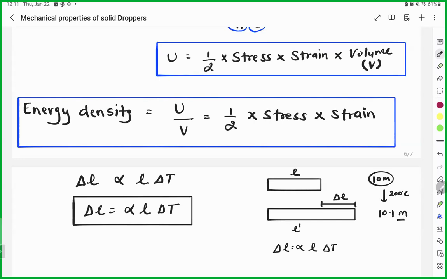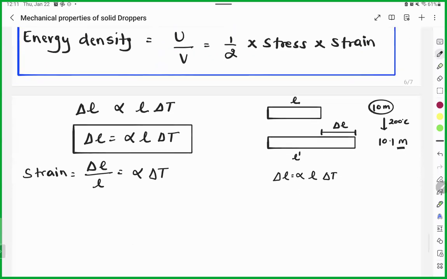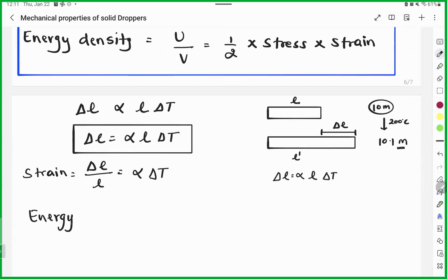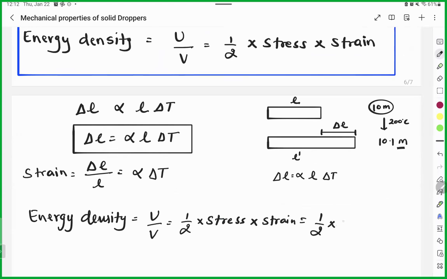Understood, guys? Everybody. So thrill is delta T. Sorry, delta L by L is also equal to strain, which is equal to alpha delta T, the change in temperature. So the same energy density can be written in this form: energy density, which is equal to U by V, is equal to 1 by 2 stress upon strain, also equal to 1 by 2 stress.